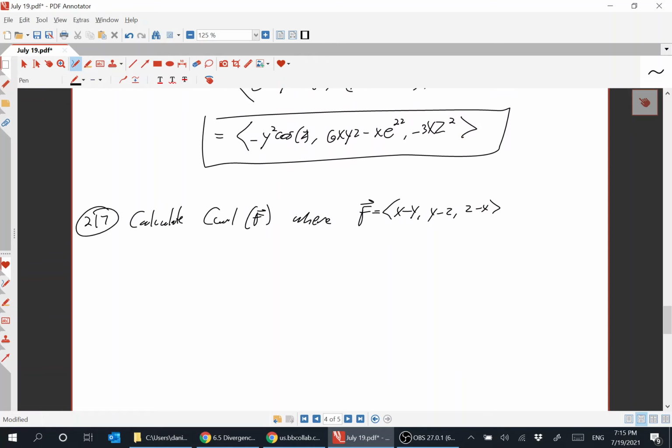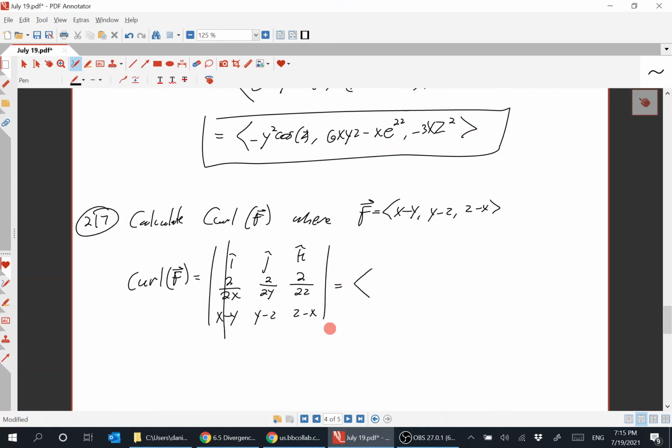So it is the determinant with i, j, k, then x minus y minus z, partial with respect to x, partial with respect to y, partial with respect to z, and x minus y minus z minus x.